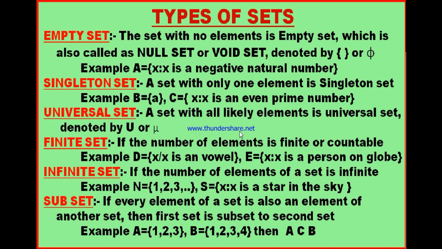The set of cricket players, the set of volleyball players and the set of kabaddi players are subsets of the universal set. Therefore, every set is a subset of the universal set, and phi is also a subset of every set. There are two important points you should note down. Every set is a subset of its universal set. And the second point is the empty set is a subset of every set.